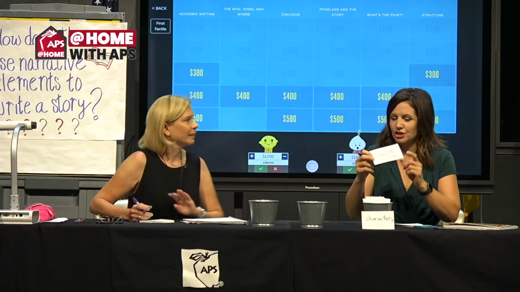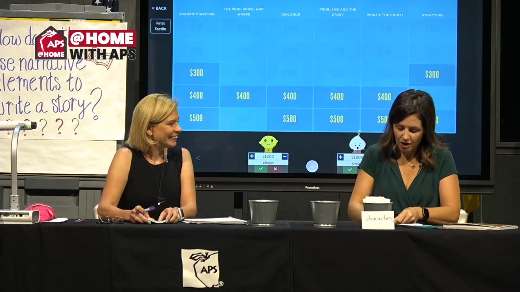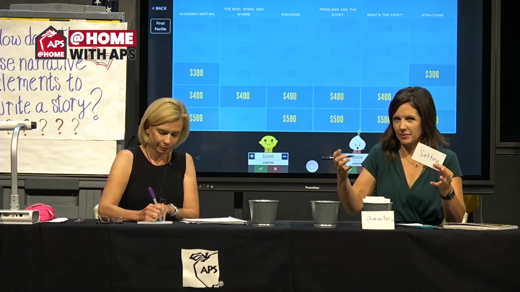All right, so one of the main elements of narrative are characters. Another, setting. So I'm going to just make a card that says setting. Now, this is going to be a double because setting is a place, but it's also a time.